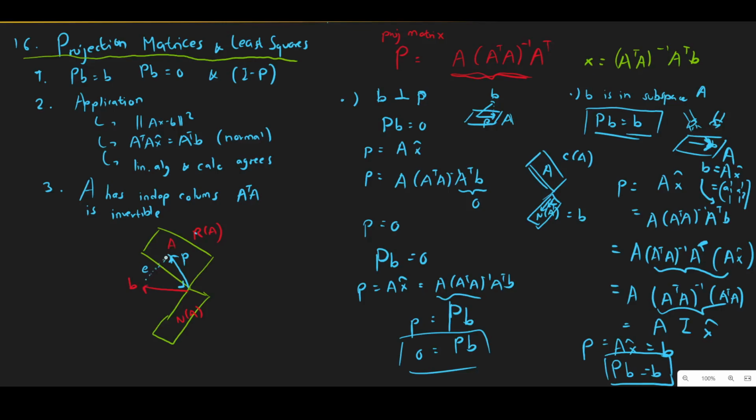And from the previous lecture, we know that there's an error vector e, which will be perpendicular to that p, and there is this projection matrix, the big P, which transforms b into the small p.